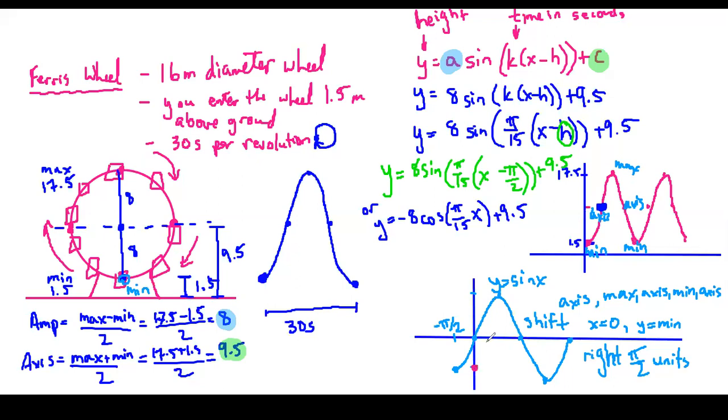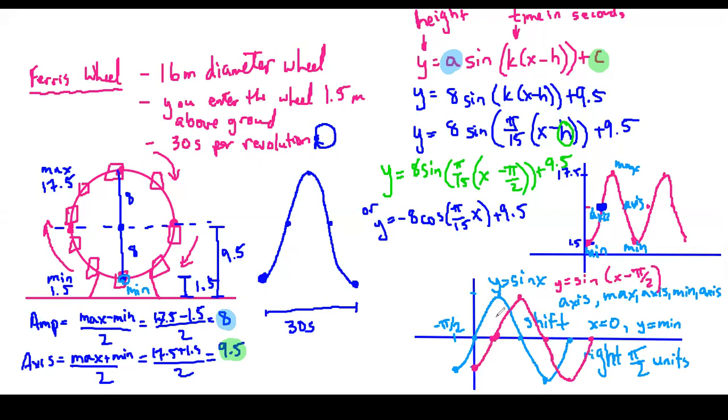And then if we shift it right pi by 2, this point is here, that point's there, this point's here, and so that's what we end up having now, which is exactly what we want. So sine of x is the blue one, but y equals sine of x minus pi by 2 is this one where they start at the minimum value.